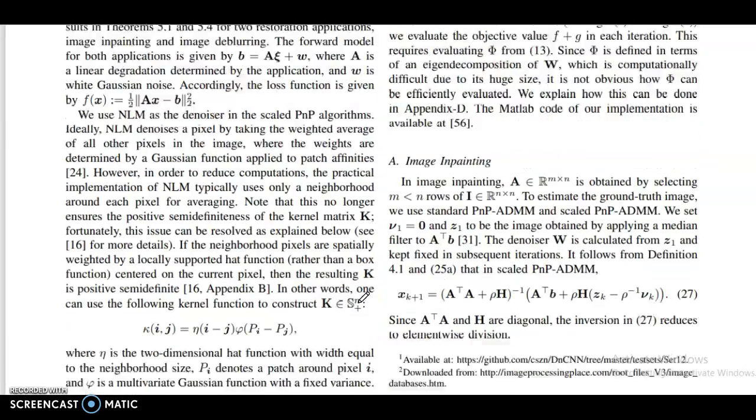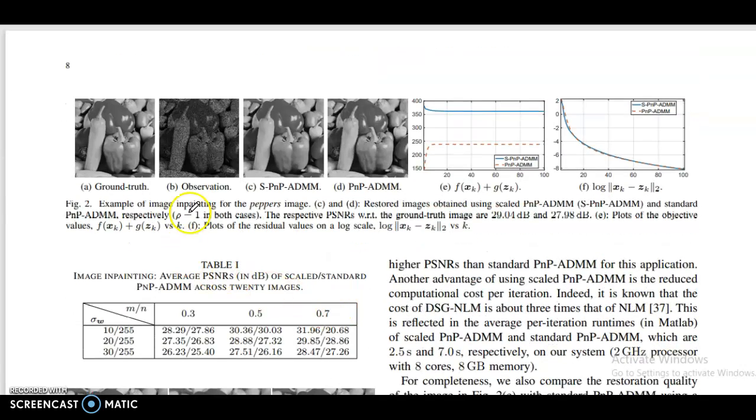Here, the ground truth is an example of image inpainting for the pepper image.